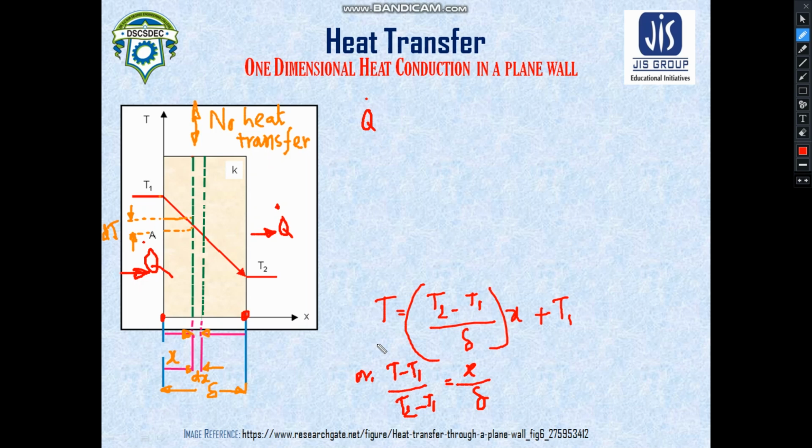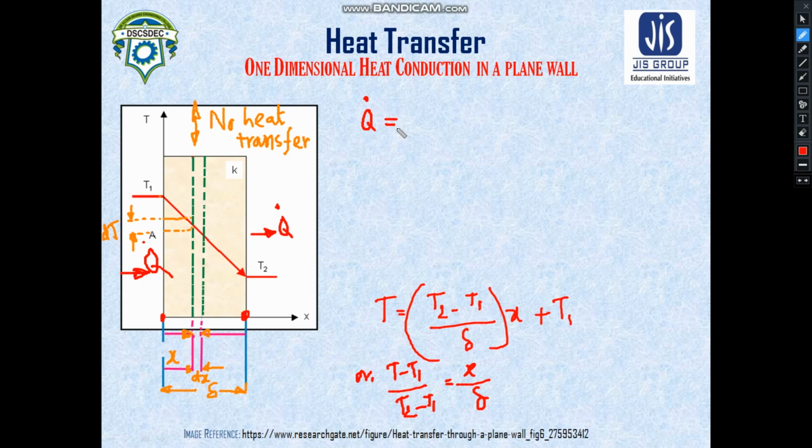So this is what we call a dimensionless parameter. You can see this one has a unit of temperature and this one too. So this is nothing but a dimensionless function of this temperature distribution. Okay, so now let us move on to find the heat transfer rate.